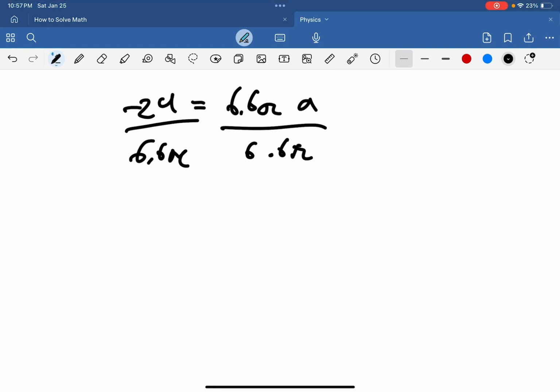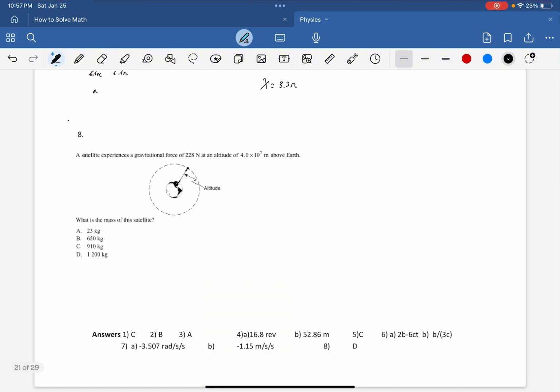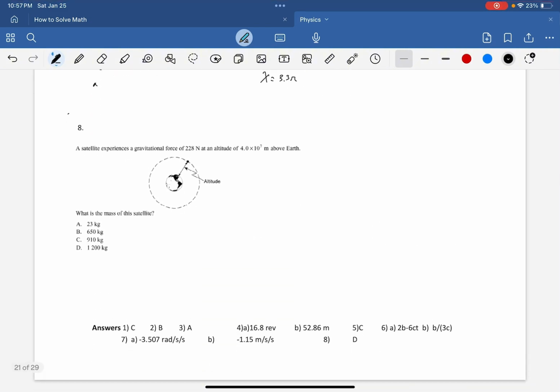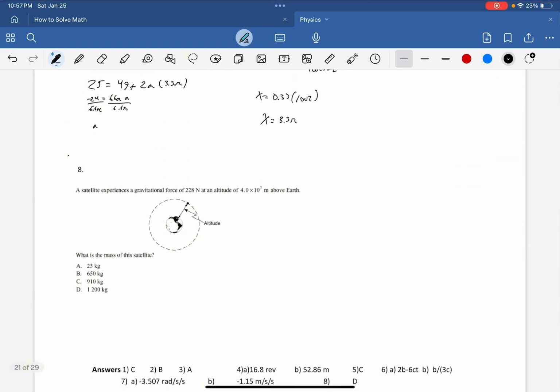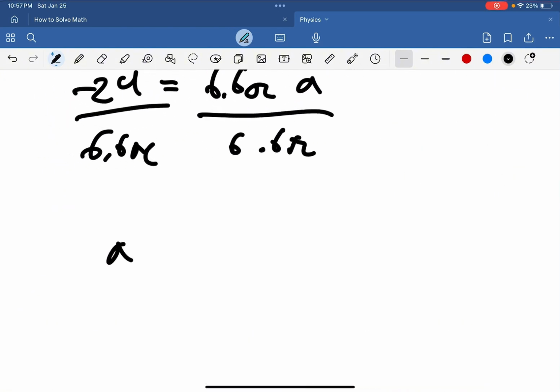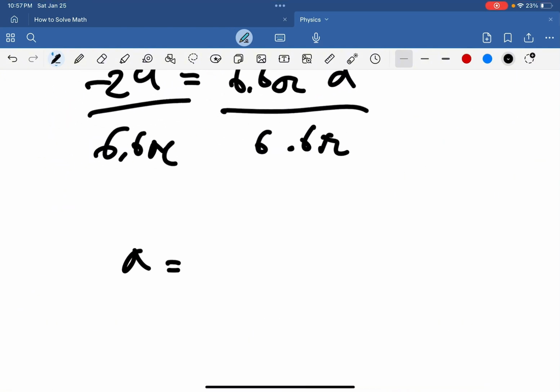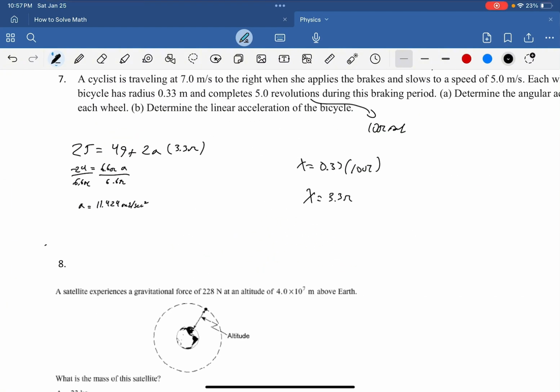So divided by 6.6 pi, I get the linear acceleration to be 11.424 radians per second squared, right? Did I use radians? Yeah, I did use radians.